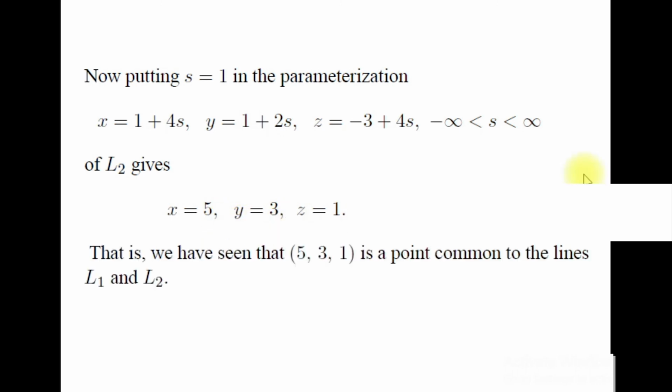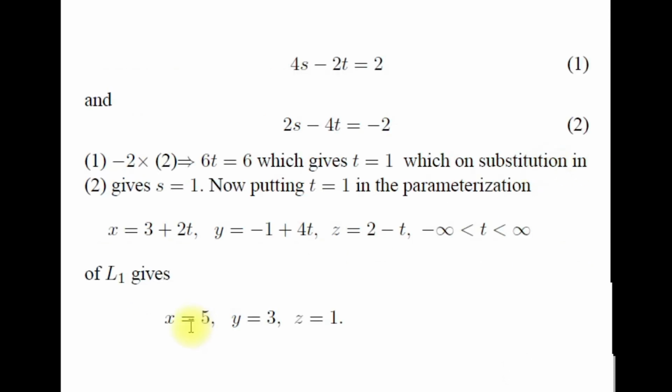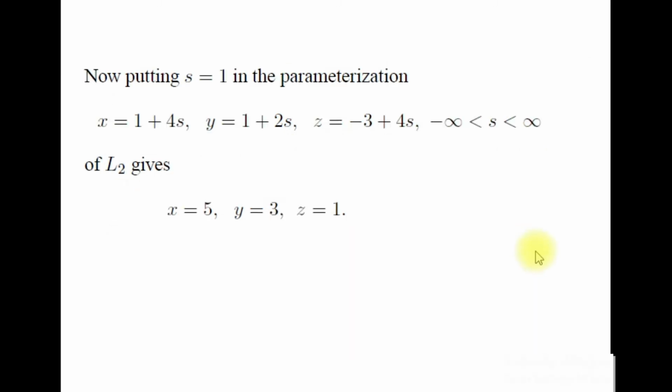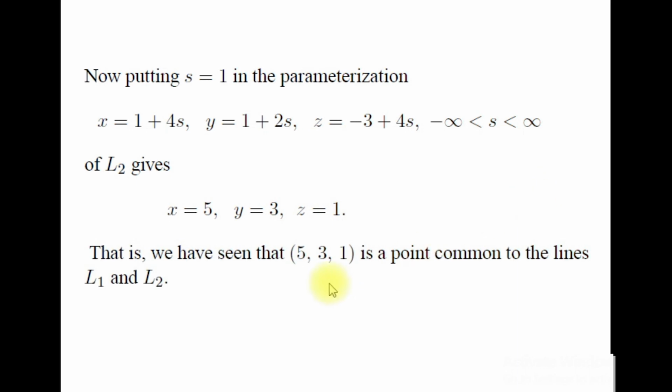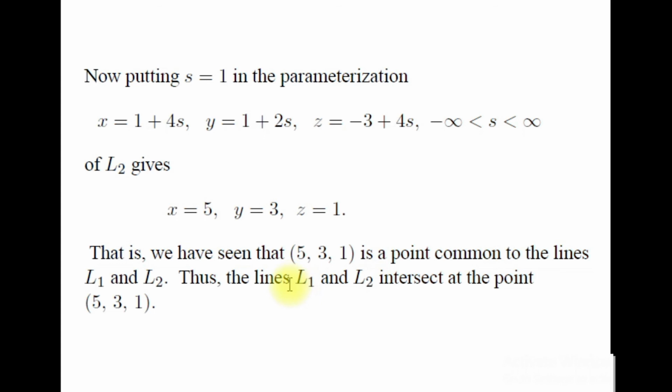That is, we have seen that the triplet (5, 3, 1) is a point common to the lines L1 and L2. Here we have obtained a point on L1 as (5, 3, 1), and here also on L2 we have (5, 3, 1). So a common point is (5, 3, 1). Therefore, we conclude that the lines L1 and L2 intersect at the point (5, 3, 1).